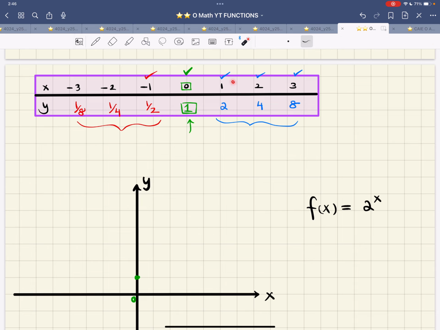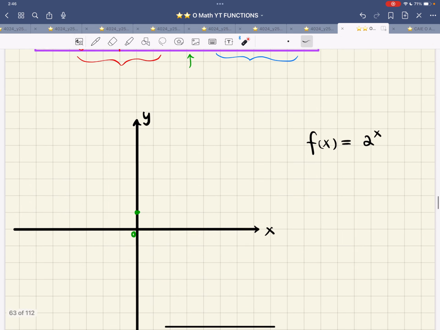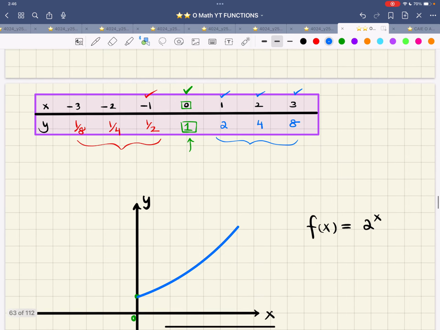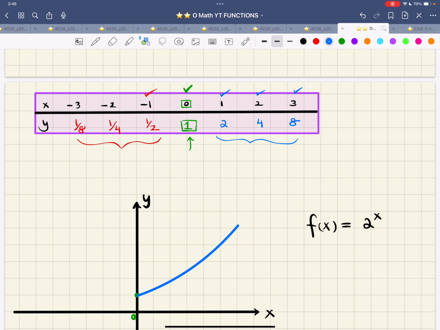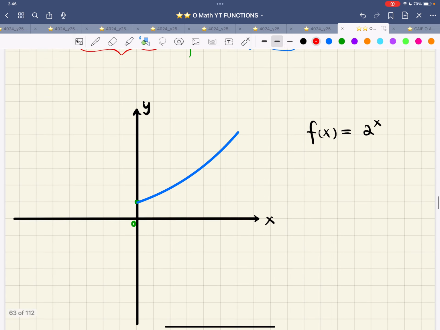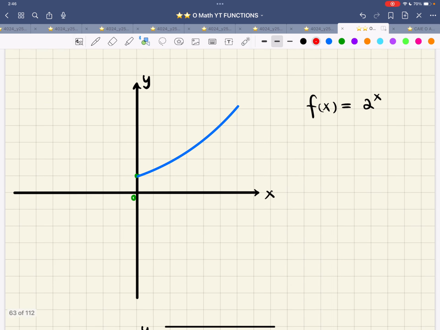And now 1 is giving me 2, 2 is giving me 4, 3 is giving me 8. So with a blue marker, let me draw it like this, something like this. Let me make it a bit thinner. So it's going like this. That is for this region on the right of 0. And then on the left of 0, the numbers are smaller, but they are getting very close to the x-axis, but they are not touching it, something like this.